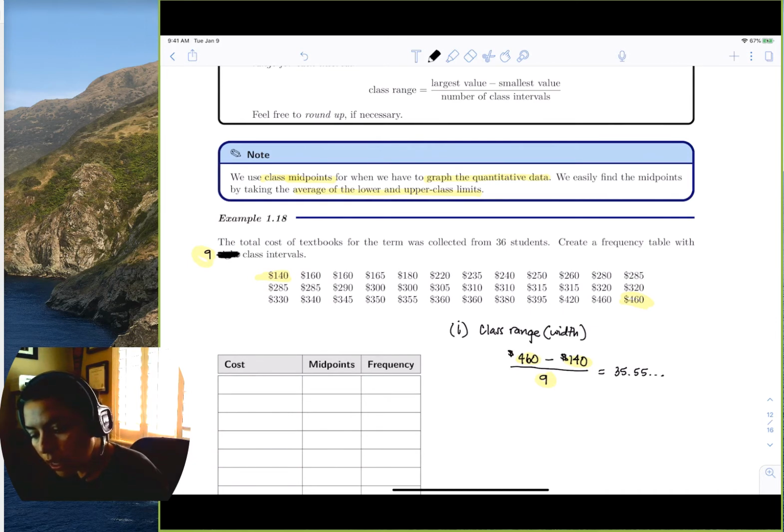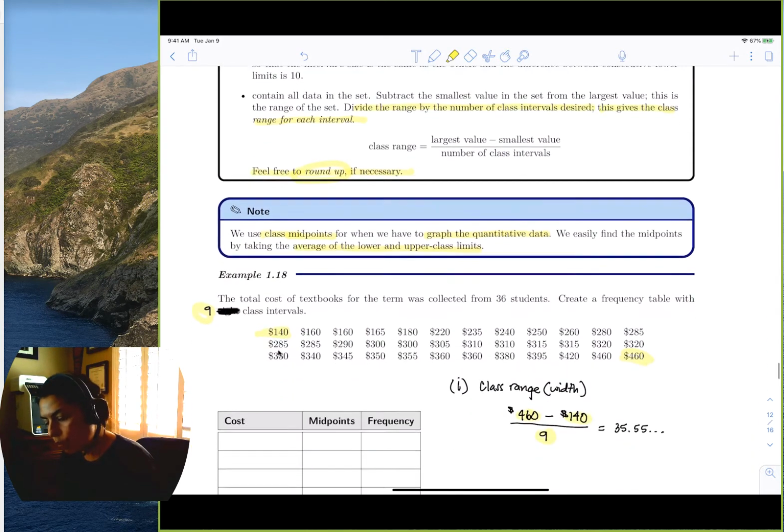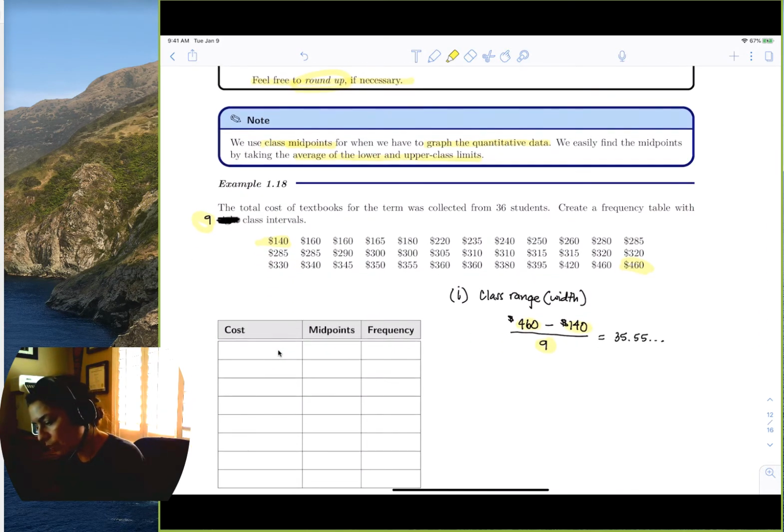In the box, we see that if we divide the range by the number of class intervals, this gives us the class range for each interval, and we round up if necessary. So a decimal like 35.555 we round up to 36. This is the class width.